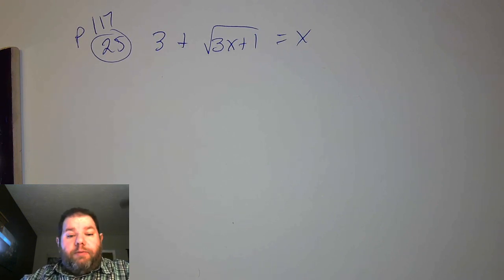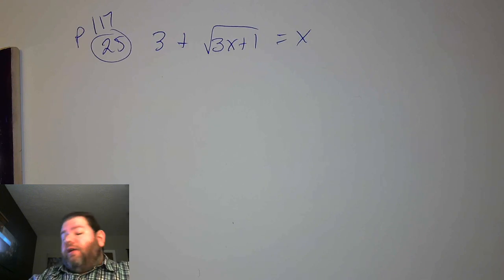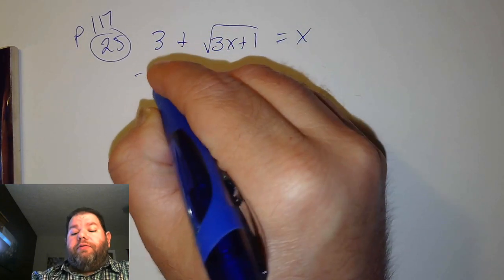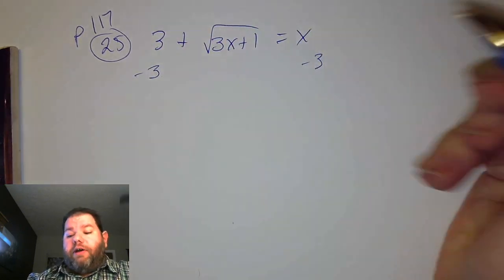Now, solving a problem with a square root in it, step one is we want to make sure we get the square root by itself. So we'll take our 3 and subtract that over to the right.